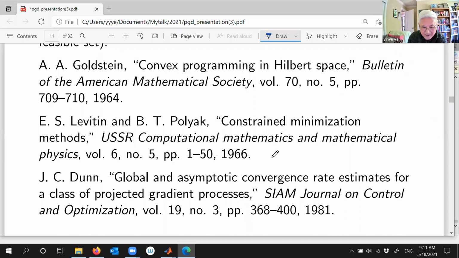Because for the augmented Lagrangian method, you can think about this as one. But the augmented Lagrangian method is mostly analyzed for convex problems. That's right. That's a good point. Yeah, I've not thought about that.